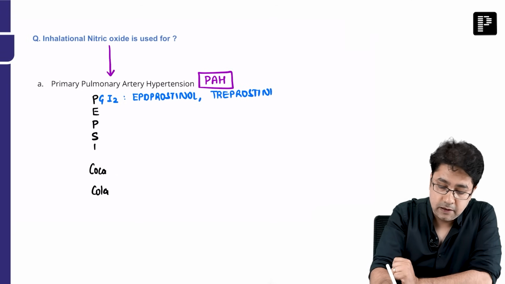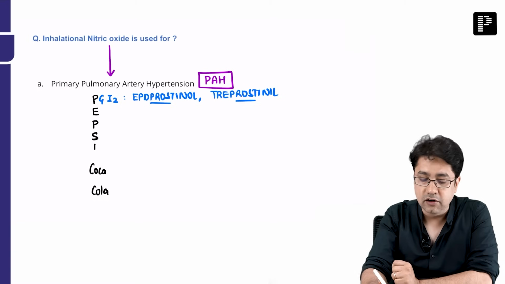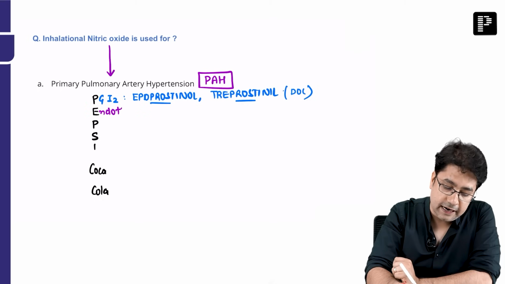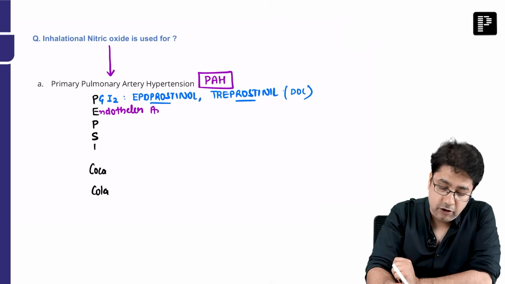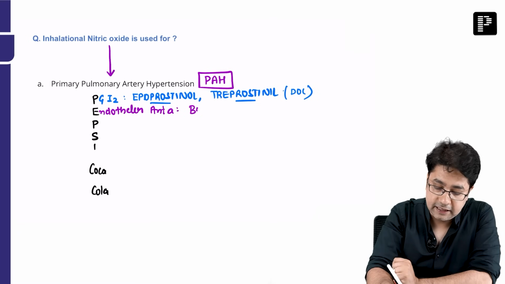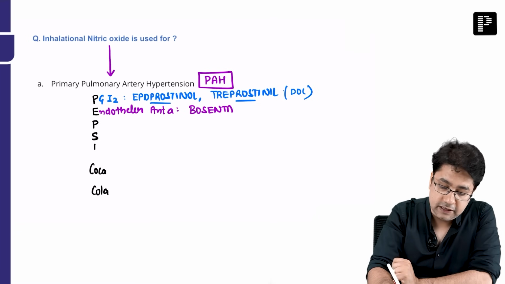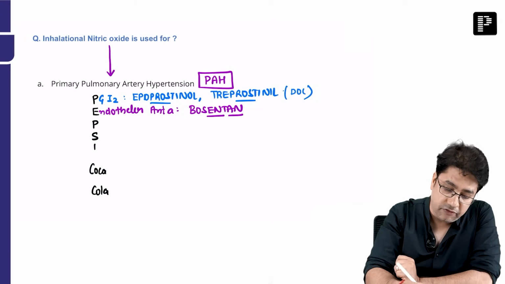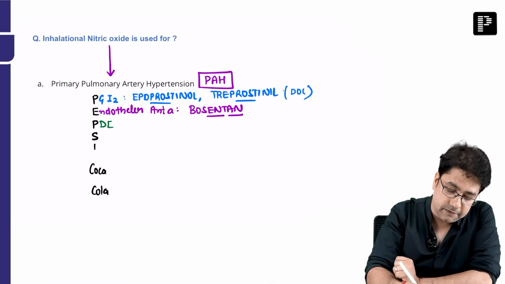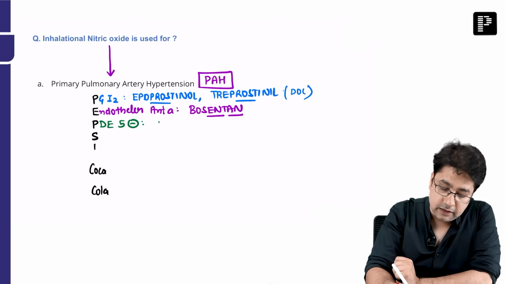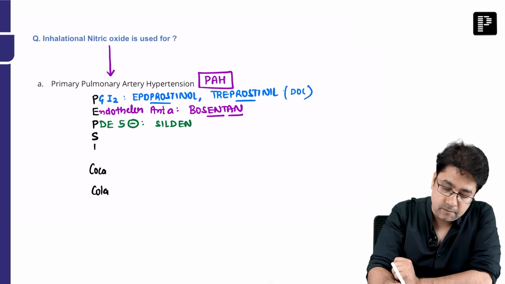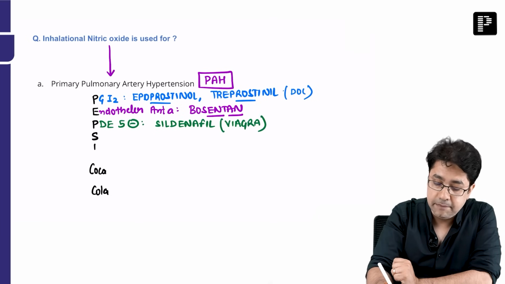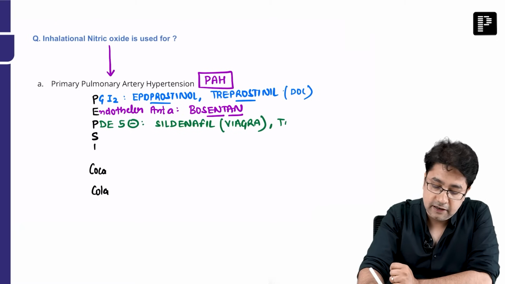So they are prostaglandin I2 analogs, which are considered to be the drug of choice. Second drug is the drug that blocks the endothelin receptor. Endothelin antagonist like bosentan. Bosentan, how to remember? ENTAN, endothelin antagonist. Then we have phosphodiesterase 5 inhibitors. The drug name is sildenafil, which comes with the brand name Viagra, also given for the treatment of impotence or erectile dysfunction, and tadalafil.